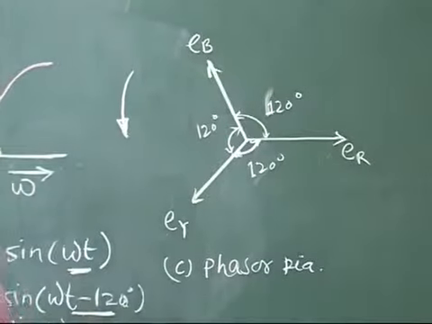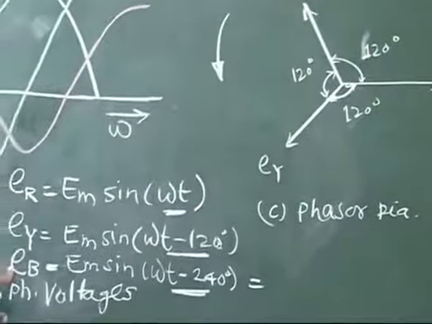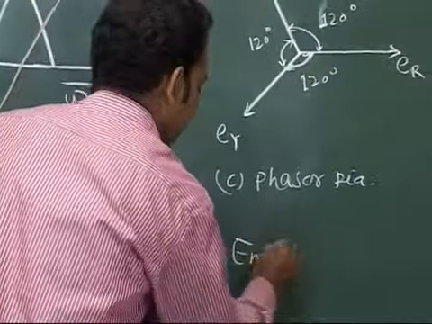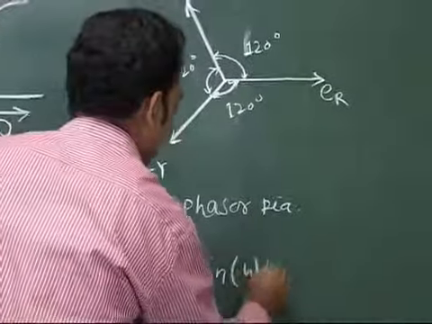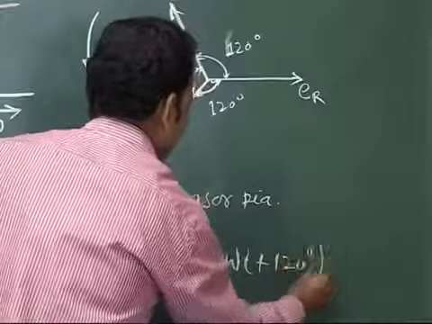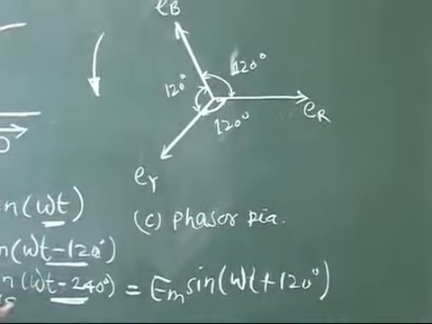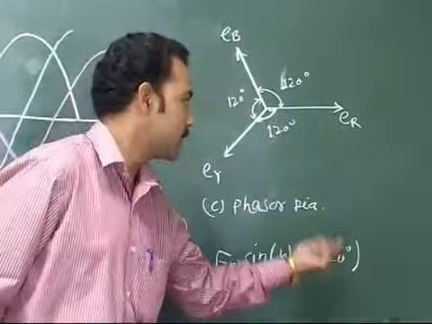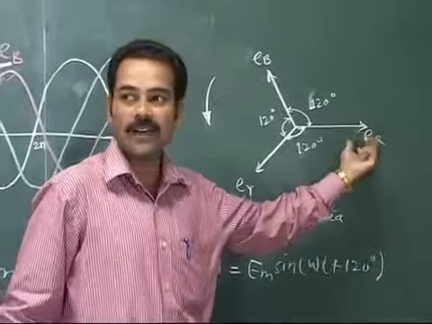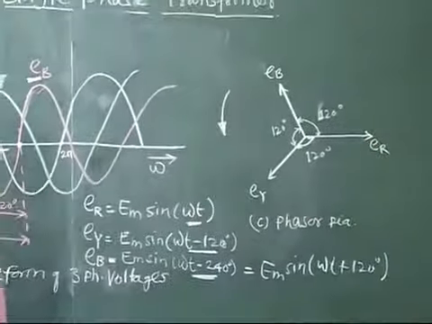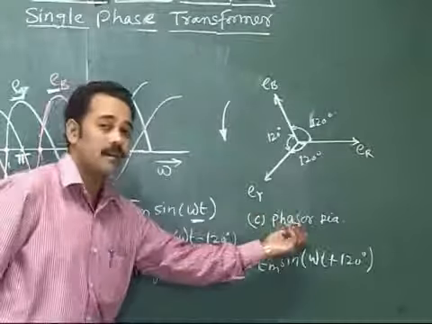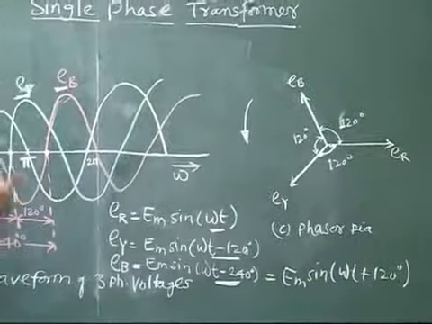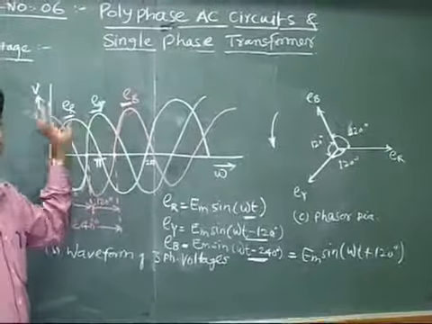That means we can write the voltage in the coil B as E max sine of omega t plus 120 degree. So with reference to ER, the voltage in the coil B is also leading the voltage in the coil R by 120 degree. This is the phasor representation of the voltages induced in the three coils in the three-phase systems.